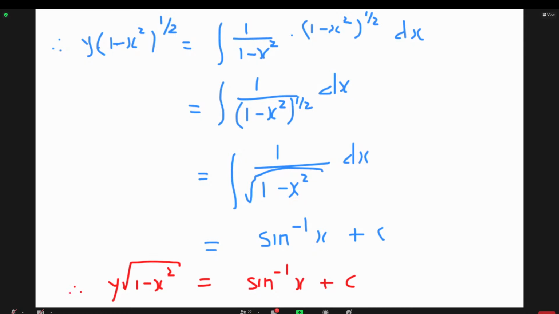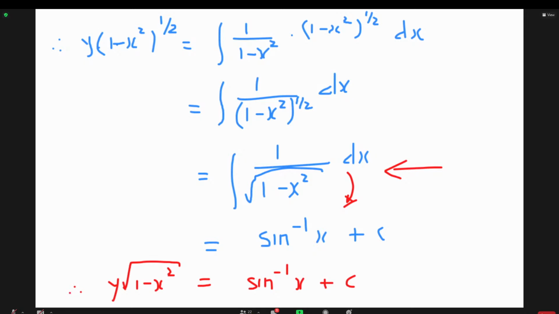Okay. If you're interested, to do that rather than from the formula sheet, you'll have to make a trig substitution, and you're going to use u equals sine x, etc., and you'll get sine inverse x as your answer.